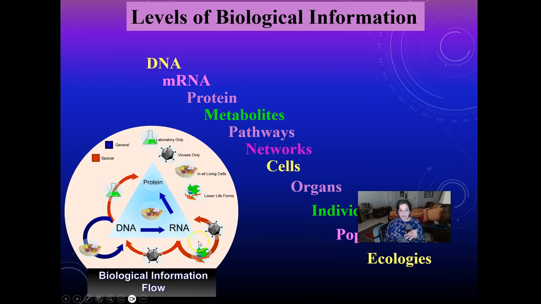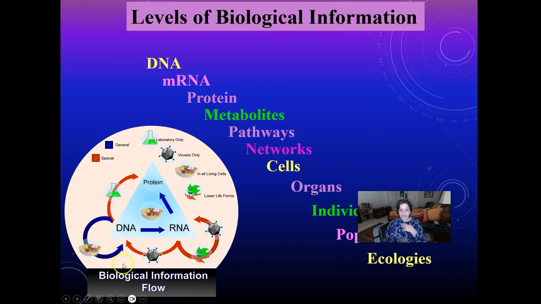You can also have DNA interacting with proteins directly in order to regulate protein function or protein expression patterns and things like that. We can also look at these in the lab as well.